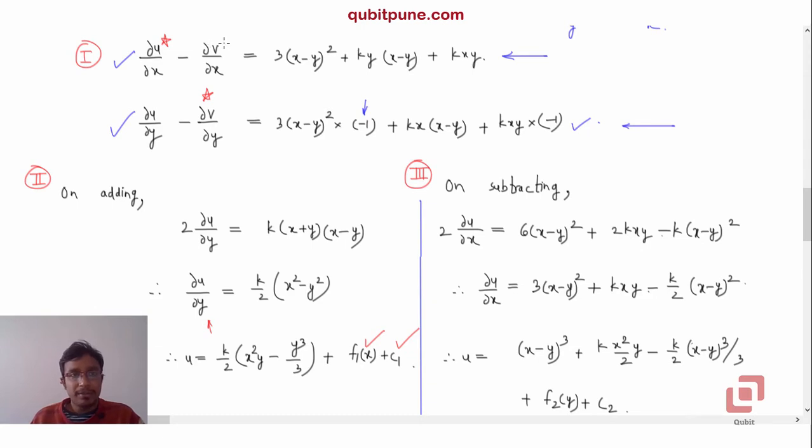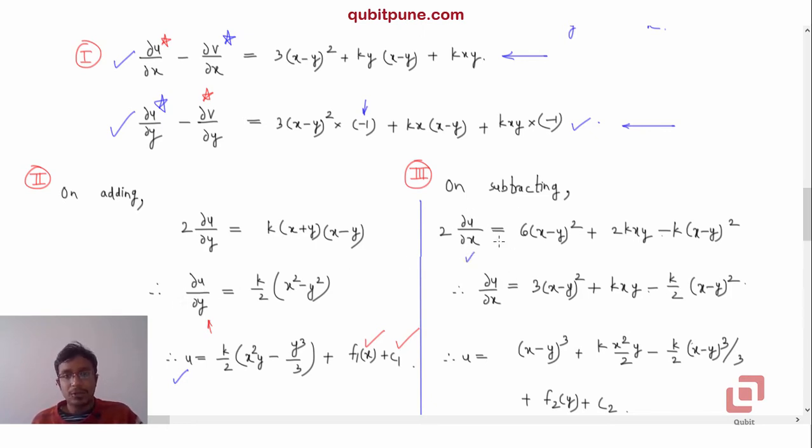So partial v by partial x and partial u by partial y will get cancelled, and what we'll have is 2 times partial u by partial x. I'm deliberately writing it as partial u by partial x because we already have an expression for u which we obtained by integrating partial u by partial y, correct? So let's do that for x.